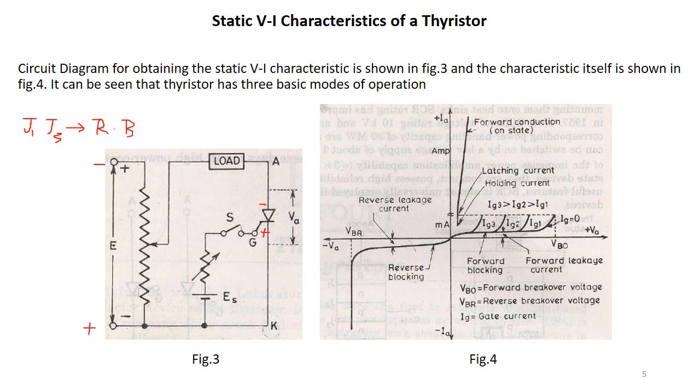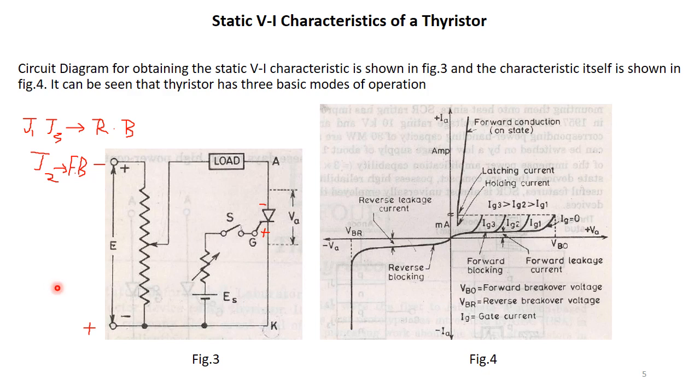However, the junction J2 gets forward biased. Now what happens is the thyristor actually behaves as if two diodes have been connected in series with reverse voltage applied across them.